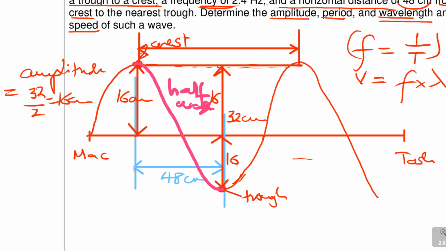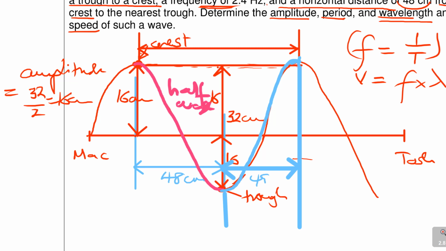So which means if this distance is 48, what about the next half wave? The next half wave, if I can draw it, it will be this distance from here up to there. You see that? That distance also will be 48. So we're going to have this distance as 48 centimeters.